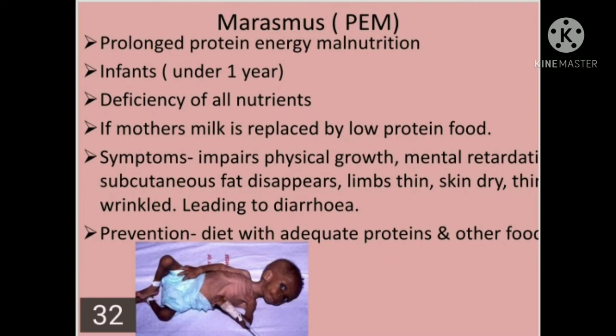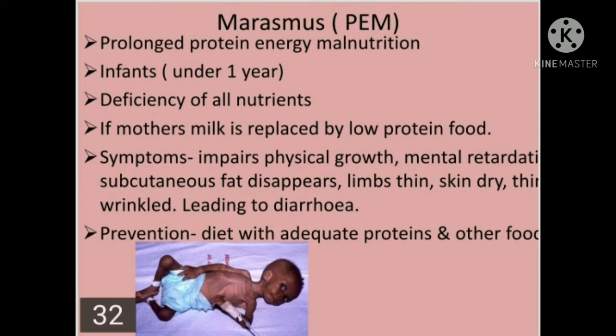As all the subcutaneous fat, the superficial upper layer of fat, disappears from the child or the patient, all the ribs start looking so prominent. So subcutaneous fat disappears is also one of the symptoms.